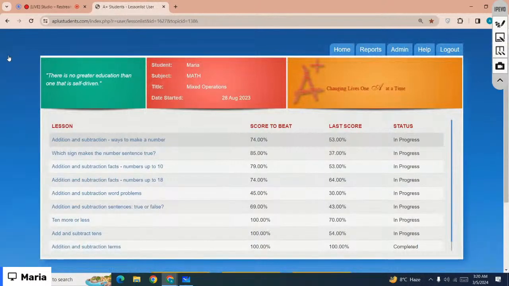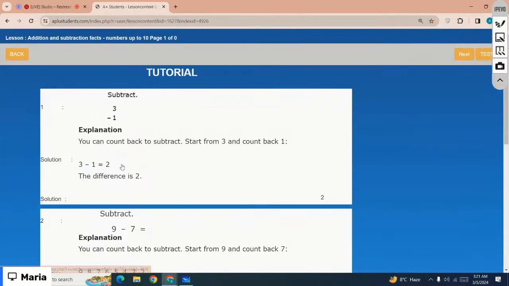Okay, the next one is add and subtract facts, numbers up to 10. Okay, the first one is you have to subtract, right?